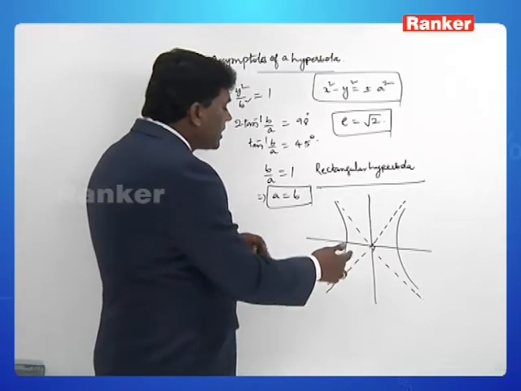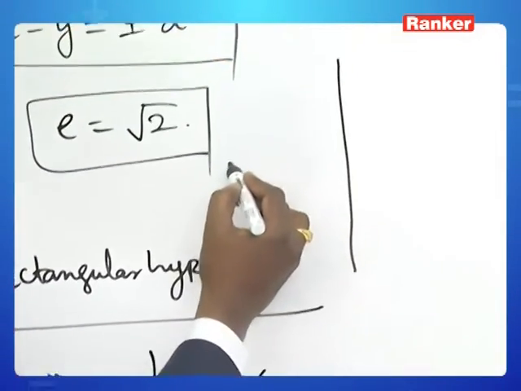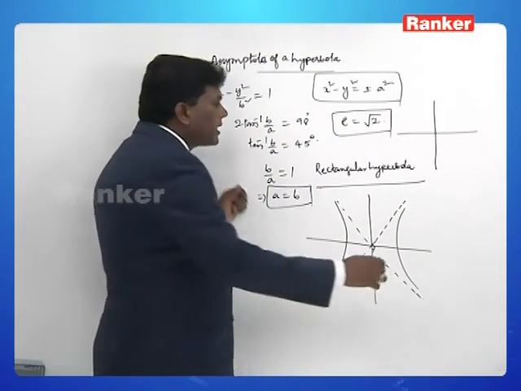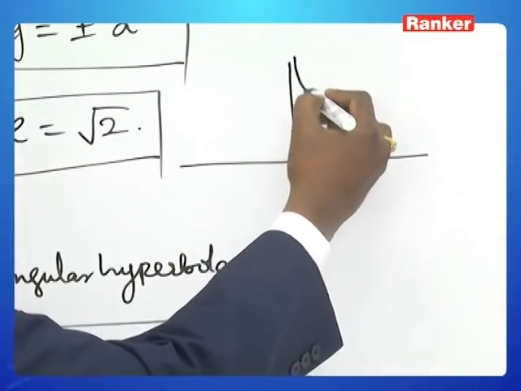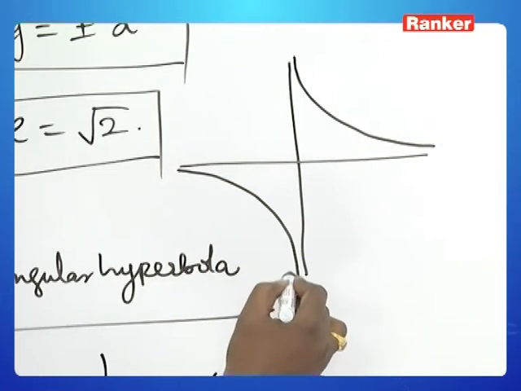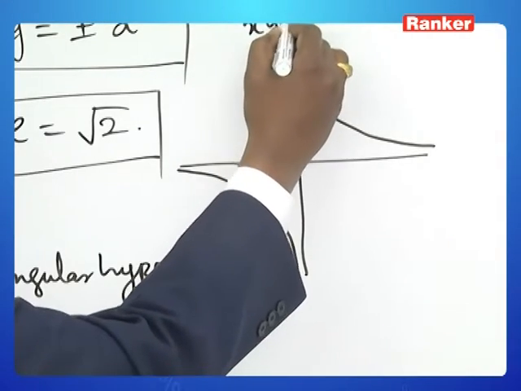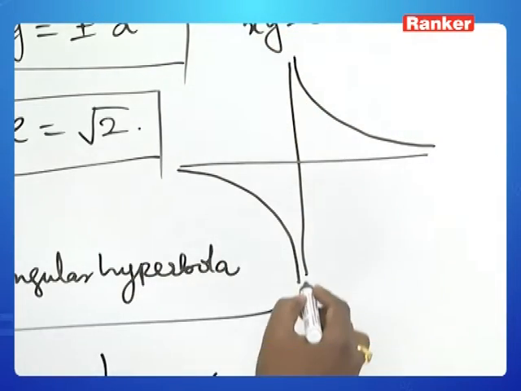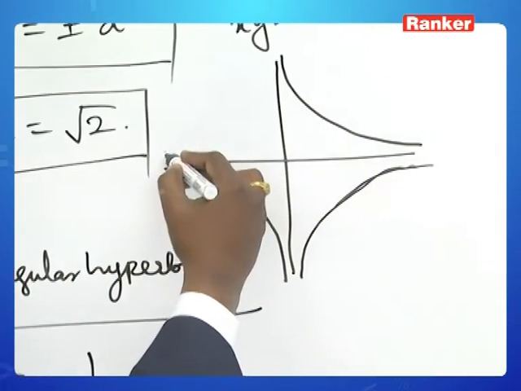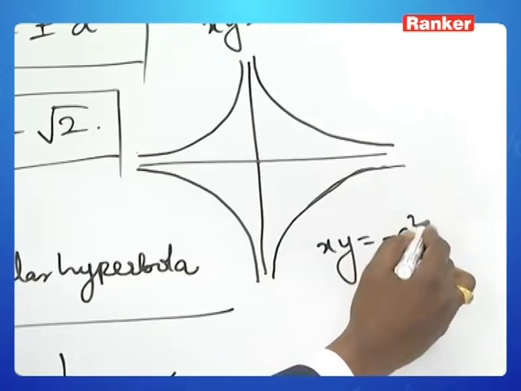If we rearrange the diagram in the new system, the asymptotes will be considered as rectangular axes, whereas the hyperbola will come like this in the first form, whose equation can easily be traced out as xy equals c square, and the second rectangular hyperbola can be written like this as xy equals minus c square.